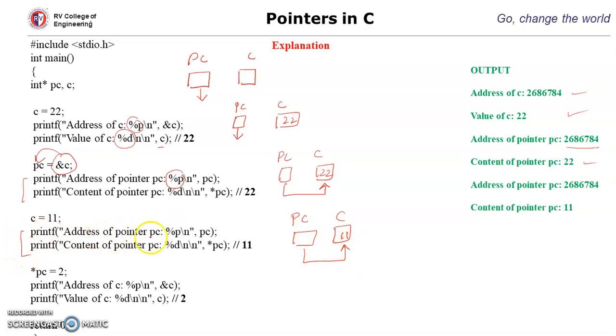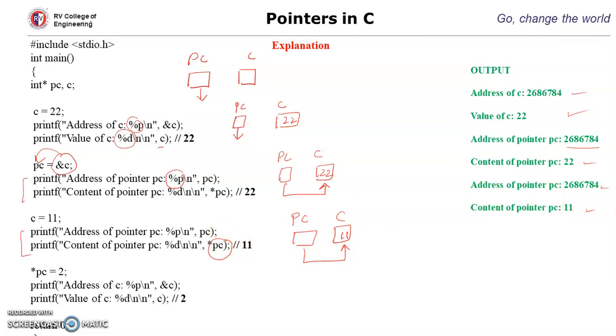Here we are printing the address of pc, which again means the same address, the address of c, because here we have written pc = &c. So the address of c will be printed. And then we print the content of pc, meaning *pc, so 11 will be printed here.